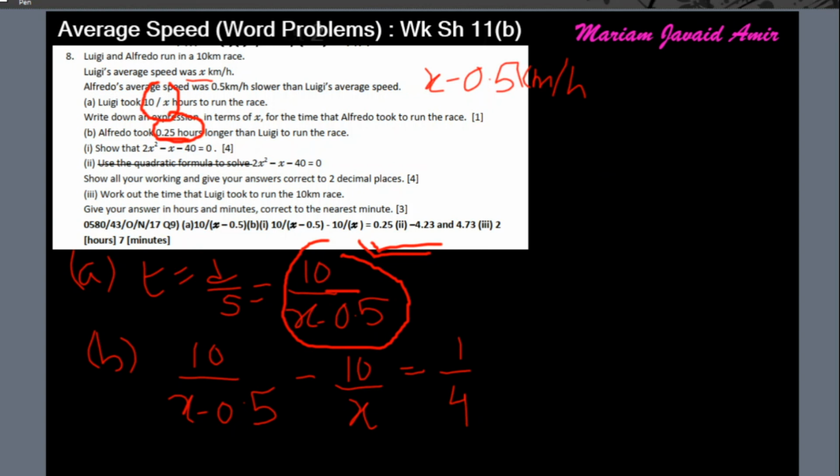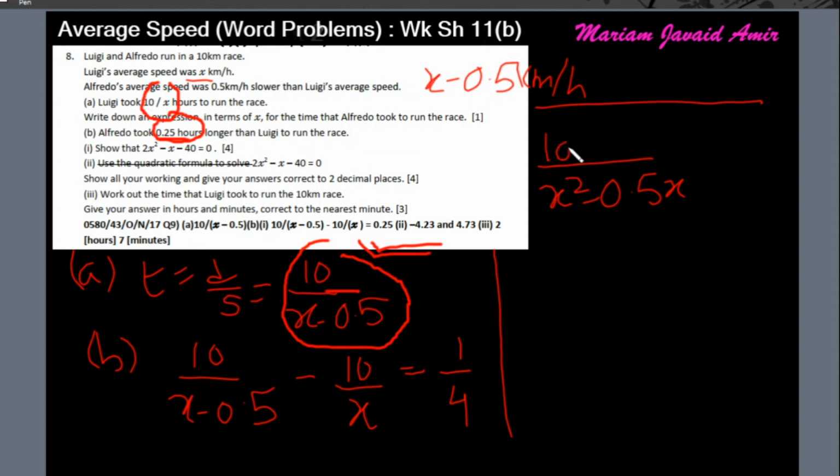Now let's take LCM and cross multiply. So LCM is x square minus 0.5x. I've simply opened the brackets and multiplied the denominator.